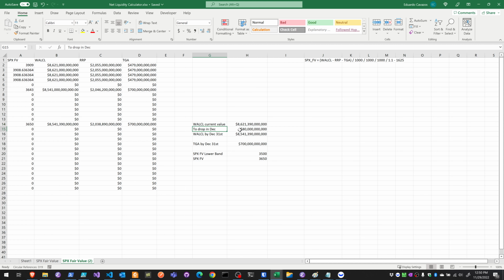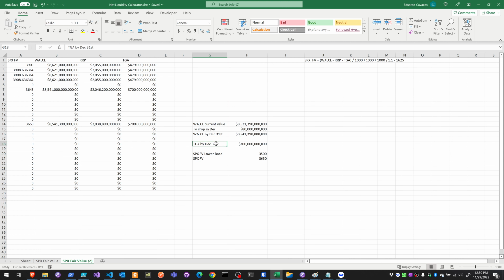Let's estimate it's going to drop about 80 billion in December. I know the theoretical drawdown value per month is 95 billion, but it's been closer to 80. It looked a little higher this month, November, so we'll see what it does, but let's be conservative and say it's only going to drop 80 billion in December. So by December 31st, this is the value for the balance sheet, right?